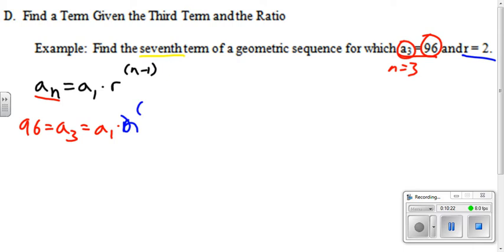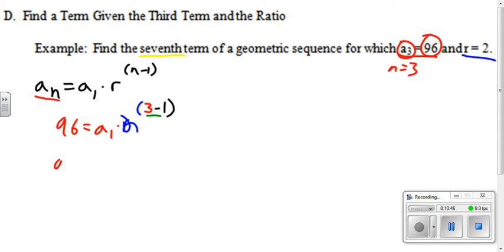Well, again, we know that our n is 3 from before, so 3 minus 1. So we can actually just get rid of this a sub 3 because we know that it's 96. So we would say 96 equals a sub 1 times 2 to the power of 3 minus 1. Well, 3 minus 1 is just going to be 2.